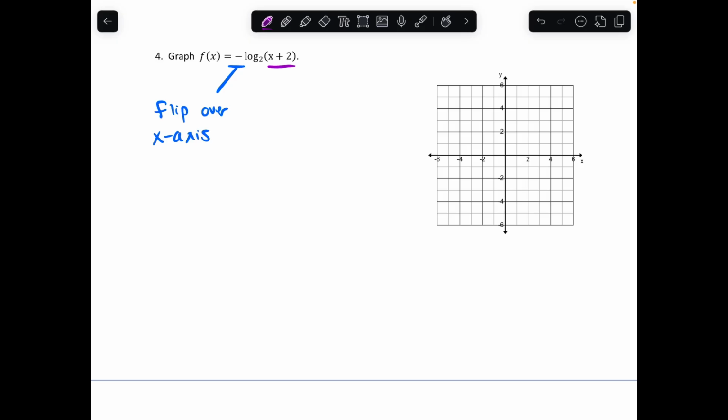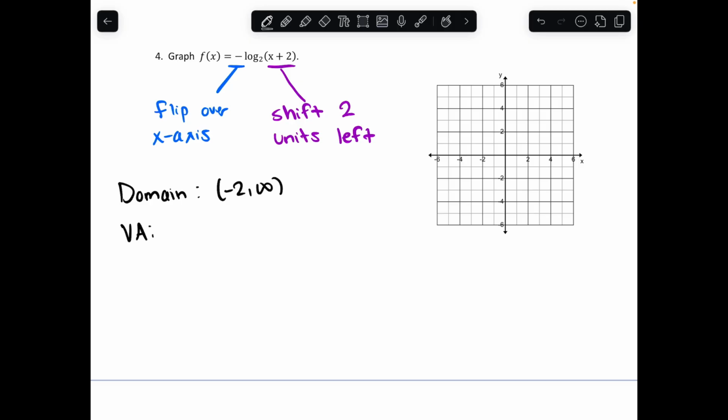This is going to correspond to a shift 2 units to the left. Since we're shifting 2 units to the left, our domain is going to go from -2 to +infinity. And our vertical asymptote is going to be the line x equals -2.